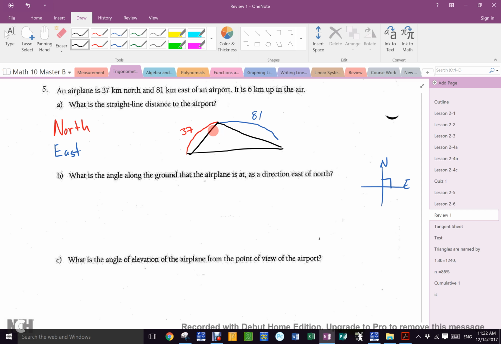If the plane was on the ground, it would be right there, yes? But it's not on the ground. So first you find that hypotenuse. That gives you this. And the plane is up in the air. 6 in hypotenuse. You need that.